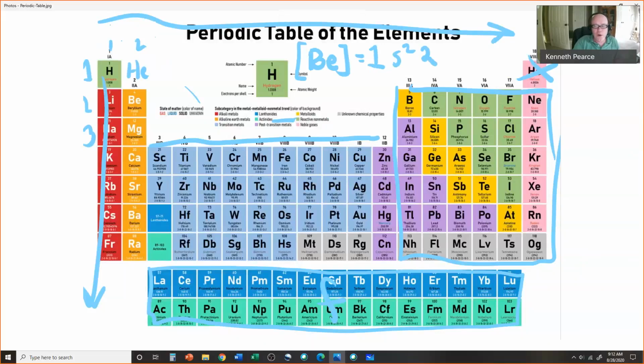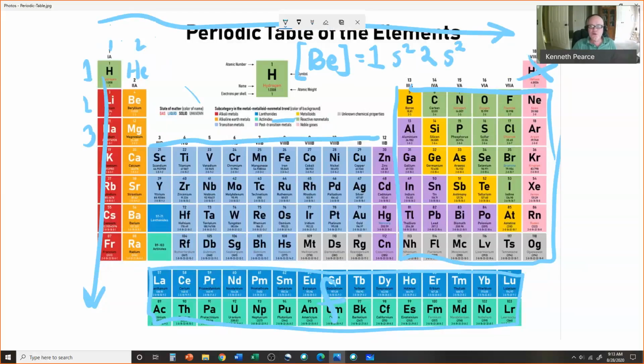We have to work left to right. We say it's on the second row. And we say 2s. And then we say beryllium. That's 1s2. There's 2 electrons in the S sublevel for beryllium. As we go across, lithium is 2s1, and then beryllium is 2s2.